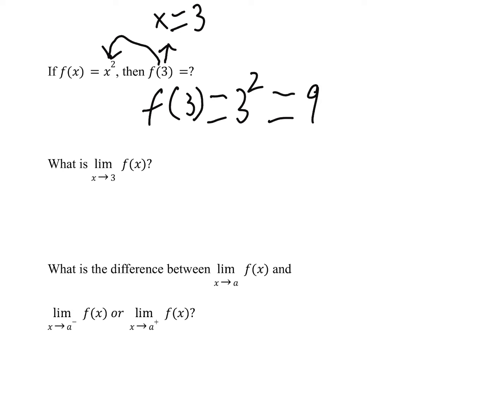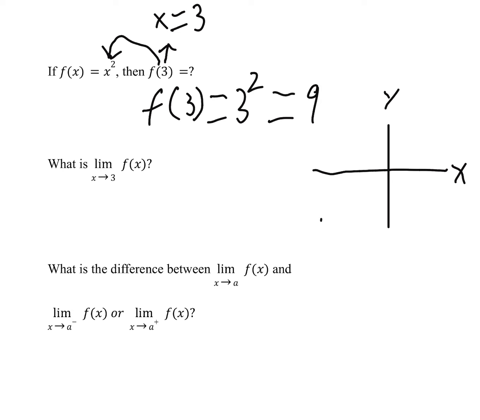So I think a good way to explain this is, let's look at a graphical representation. So when you're looking at limits, you don't look at the exact value of the function at that point. So technically you're not plugging in x equals 3 right away. You're getting really, really, really close to that point.